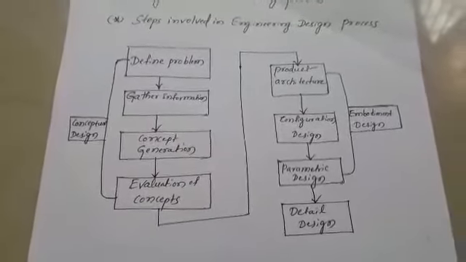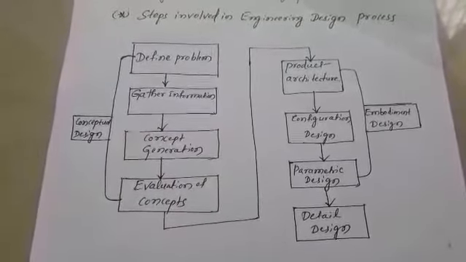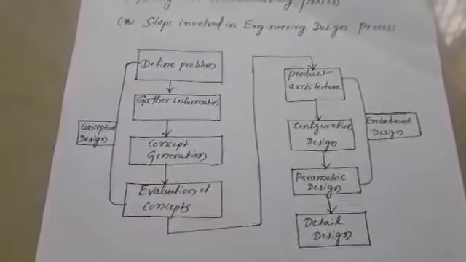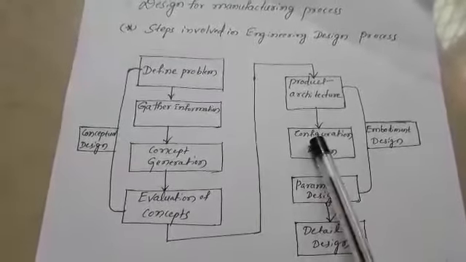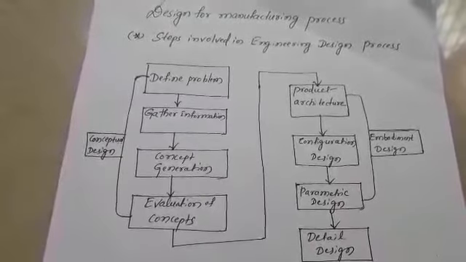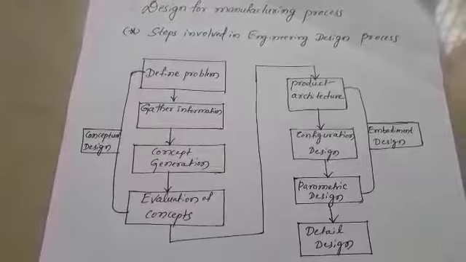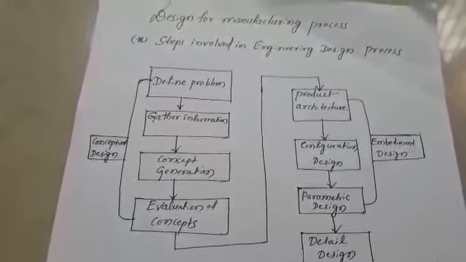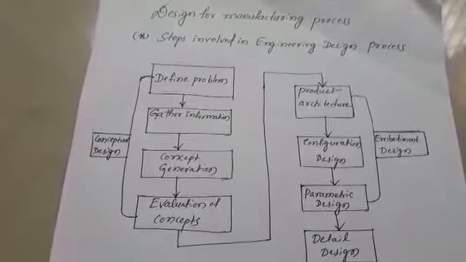And the third one is parametric design. Generally this step starts with the information from the configuration design. The aim of this design process is to establish the exact dimensions and tolerances of the product.